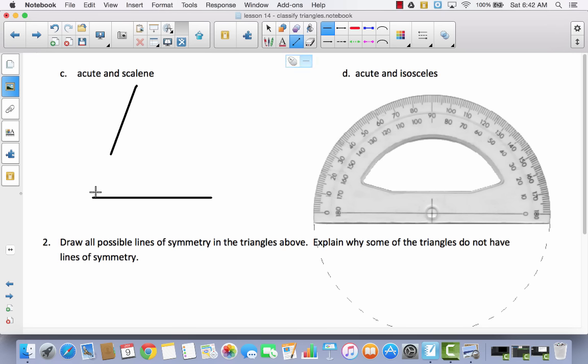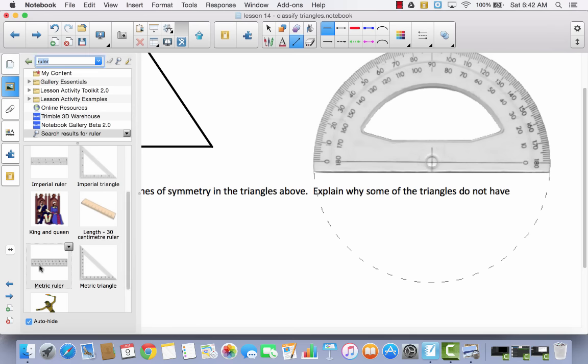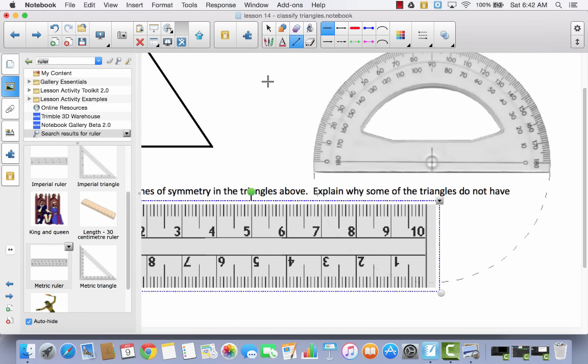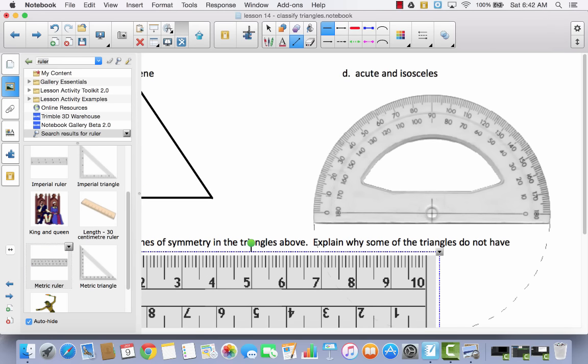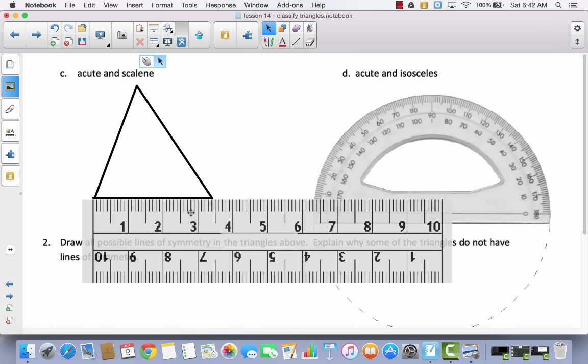Okay, and now let's draw a straight line to connect these. Since this is scalene, it kind of is a lot easier to draw because they don't have to all be the same length. Right now, these don't look the same length. They look close, but they don't look the exact same length. So let's get our ruler and let's measure and see. Okay, so this one is exactly 3.4 centimeters.